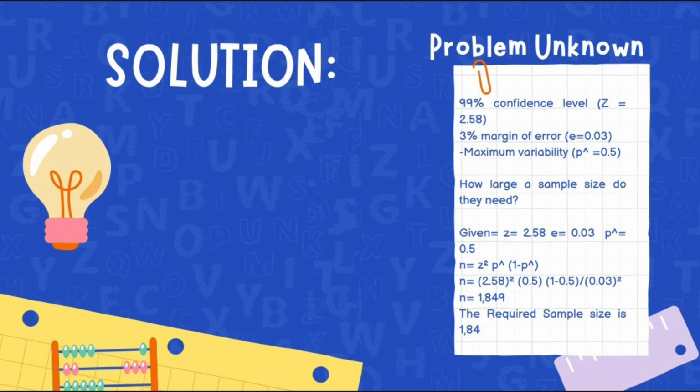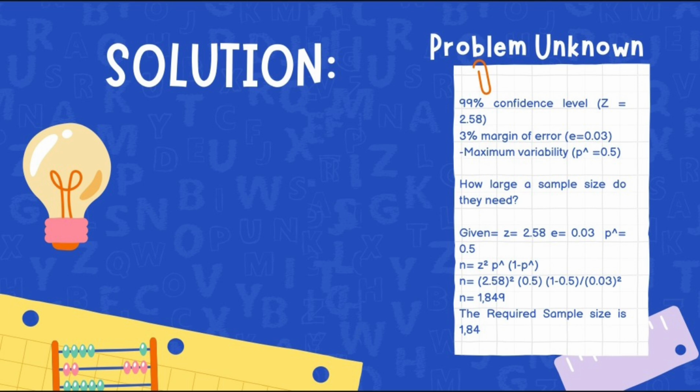First, let's try to identify the given. Z is equal to 2.58, margin of error is equal to 0.03, p-hat is equal to 0.5, and n is equal to Z squared multiplied by p-hat multiplied by 1 minus p-hat, divided by the margin of error squared.